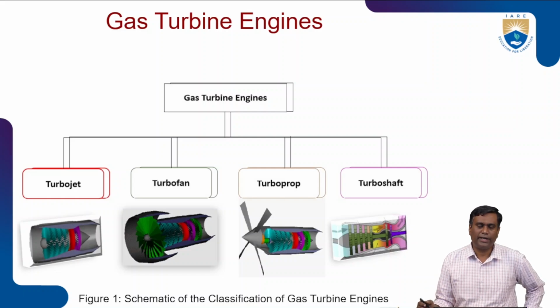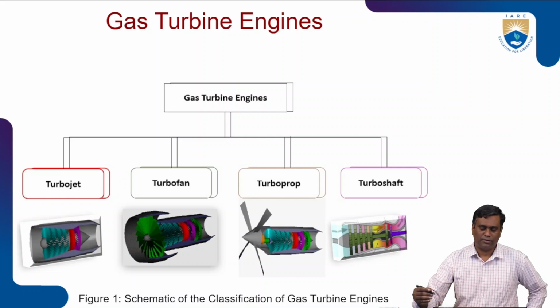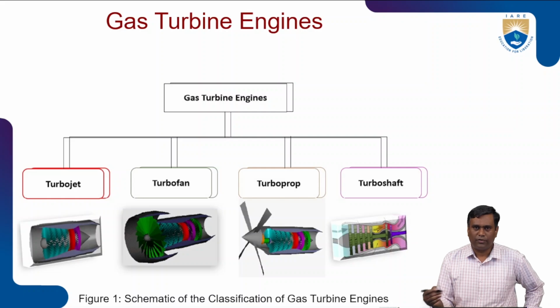Every engine starts with an inlet, then compressor. Then compressed air will be sent to the combustor, where fuel will be added to the high pressure air. Then combustion takes place. Then this high temperature and high pressure exhaust expands through the turbines, either single stage or multi-stage turbines.